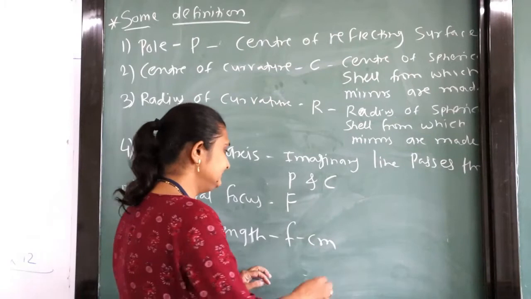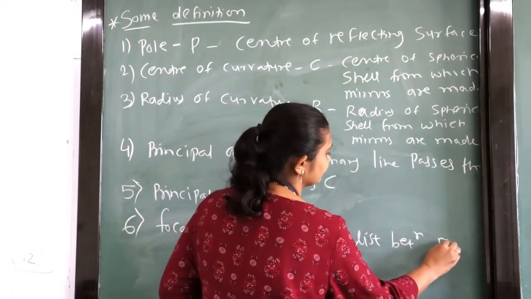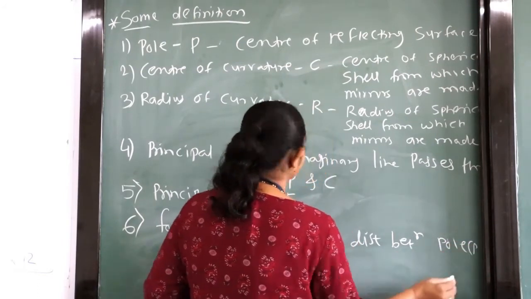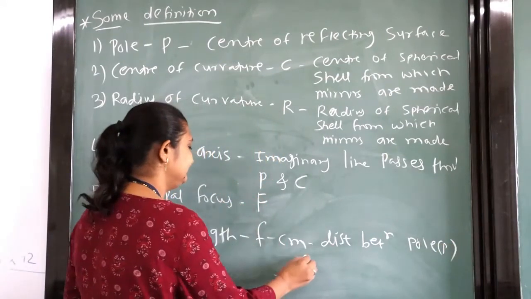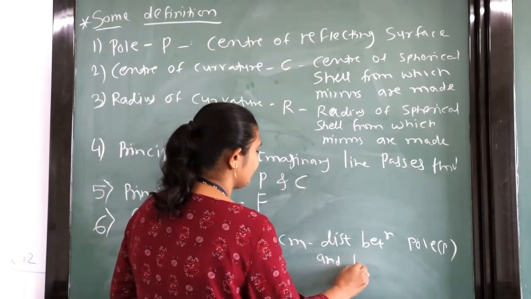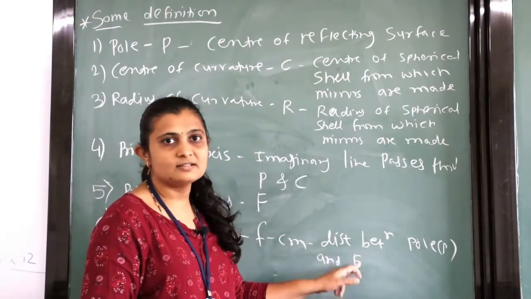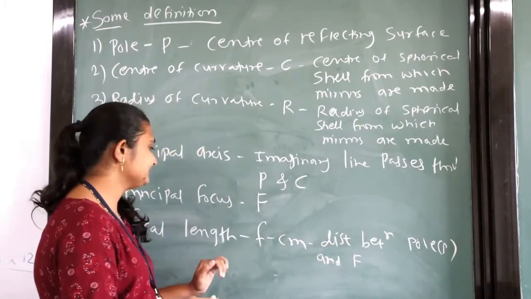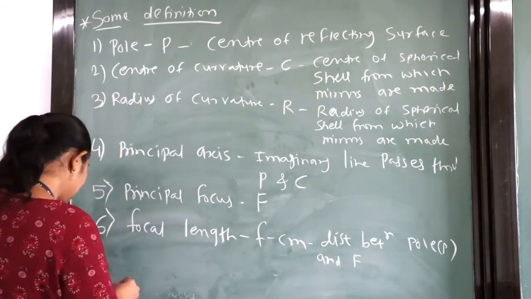Focal length is the distance between pole P and focus F. The distance between pole and focus is called the focal length, and focal length is measured in centimeters.